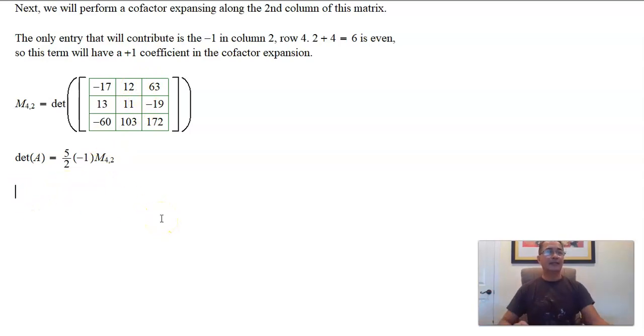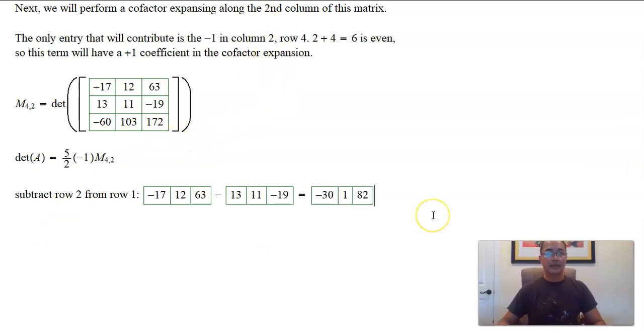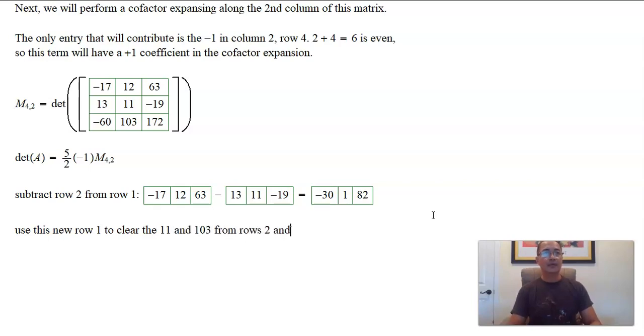Okay, so let's execute. Subtract row 2 from row 1. Here's row 1. Subtract 2. And we get this much. And now, use this new row 1 to clear the 11 and 103 from rows 2 and 3 respectively.